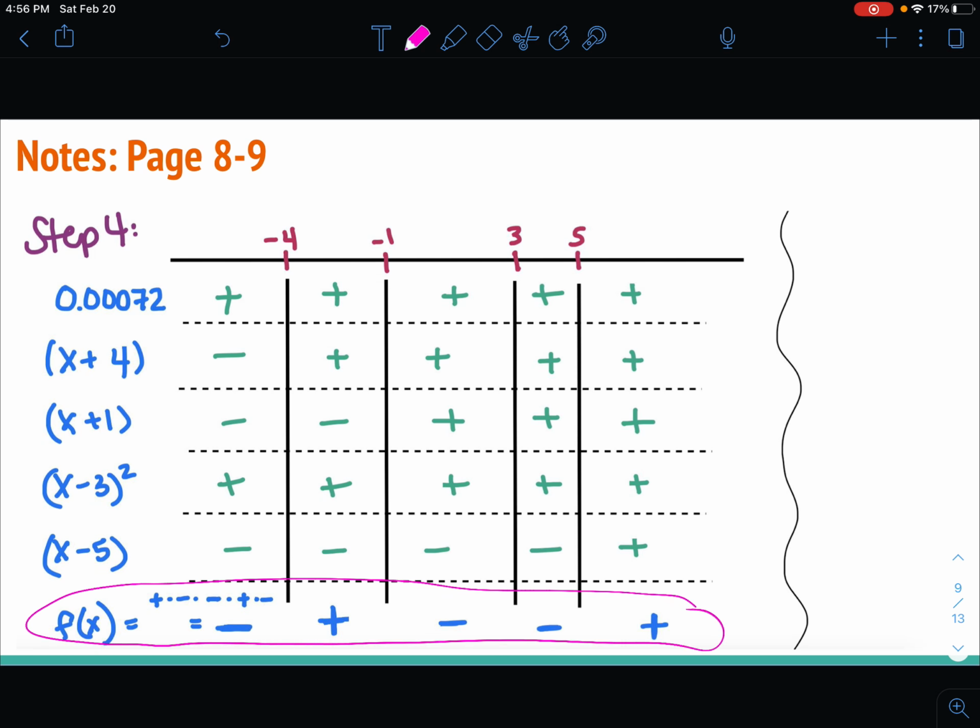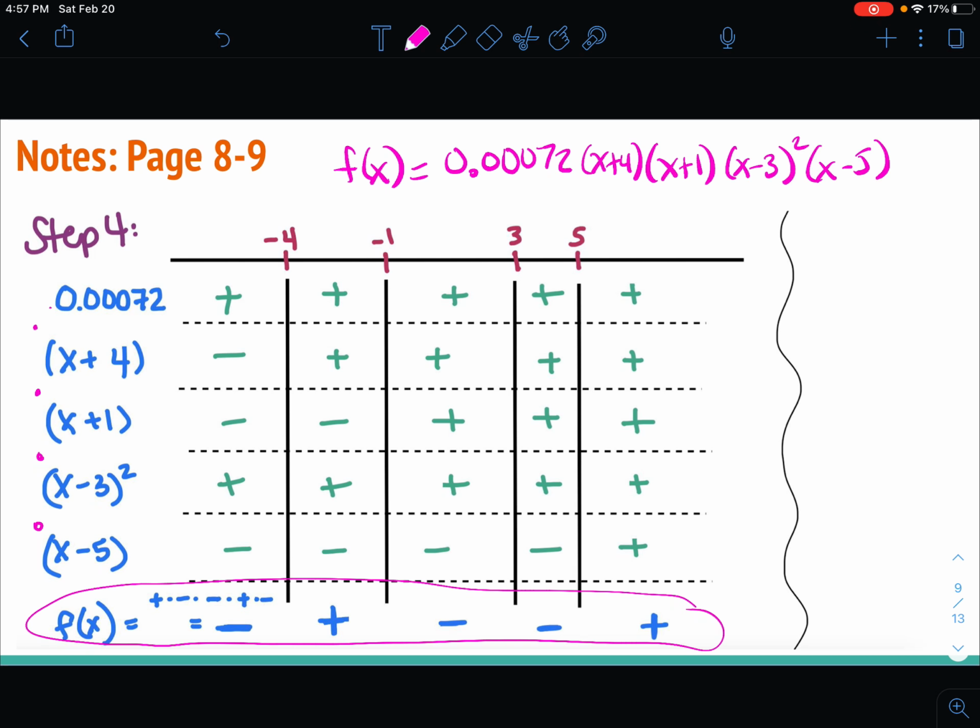This is the new part down here. Now remember, f of x is a product. This times this times this times this times this. All those multiplied together equal f of x. So again, f of x was 0.00072 times x plus 4 times x plus 1 times x minus 3 squared times x minus 5.